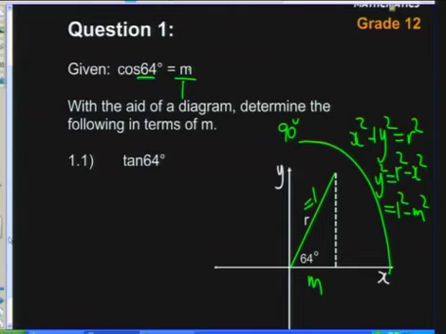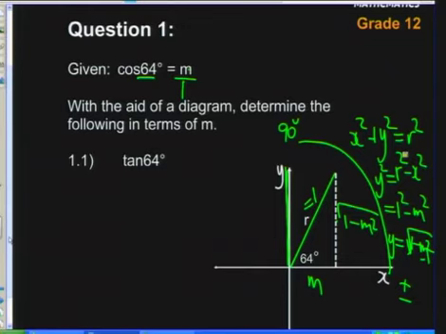If I square root both sides, I get y equals the square root of 1 minus m squared. Actually, if you square root, you get plus or minus, y equals plus or minus the square root of 1 minus m squared. But because the y-axis is positive here, I take the positive one.